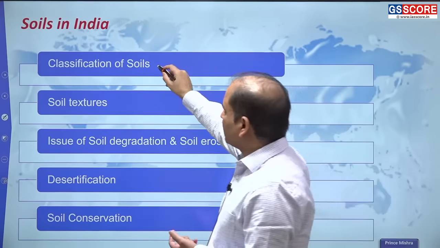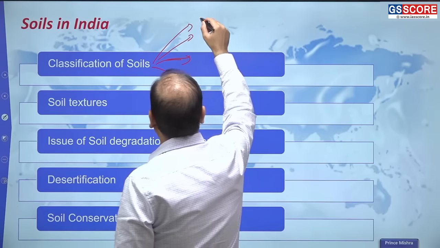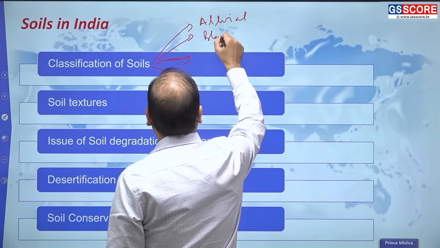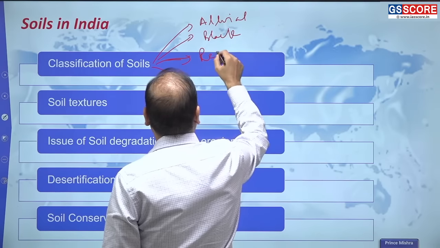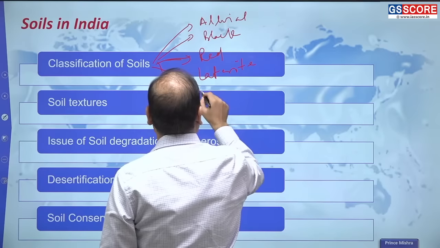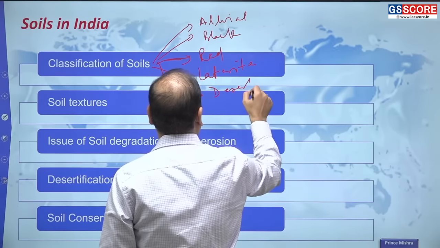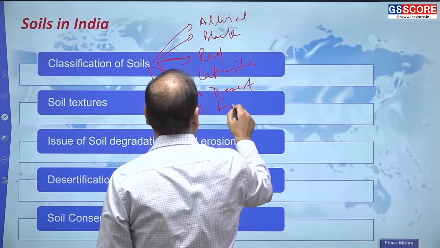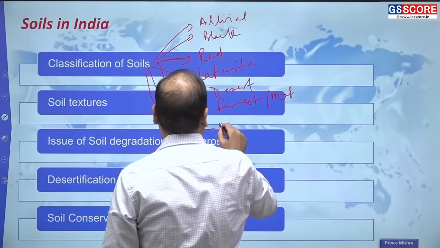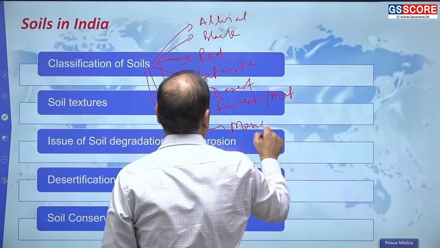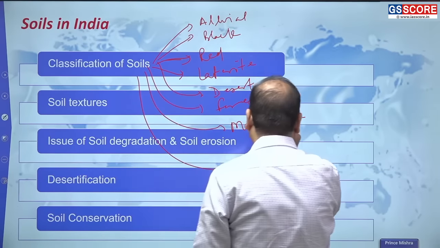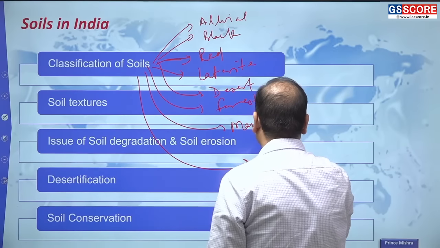Primarily we have 8 types of soil: alluvial soil, black soil, red soil, laterite soil, then we have desert soil, then forest mountain soil, then mangrove soil, and also alkaline and saline soil.